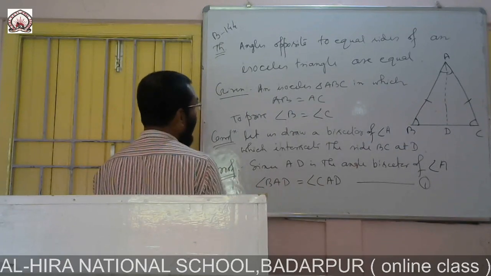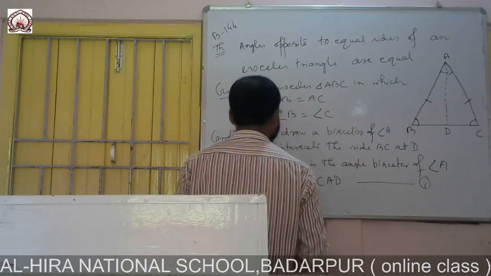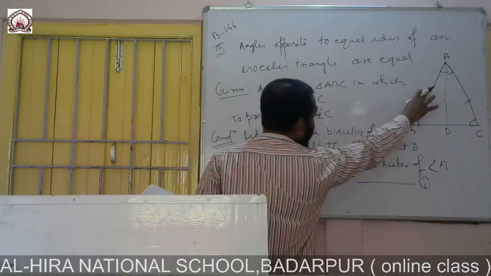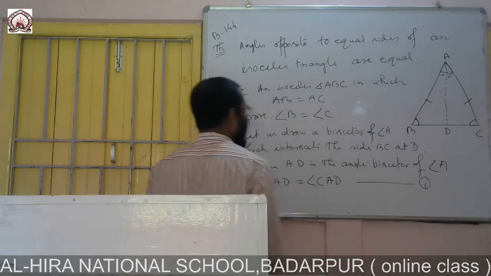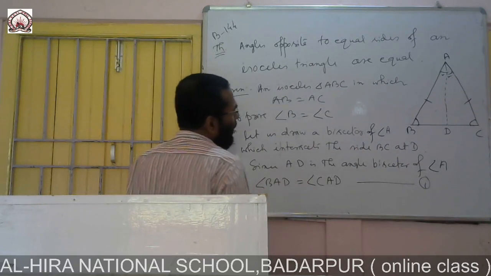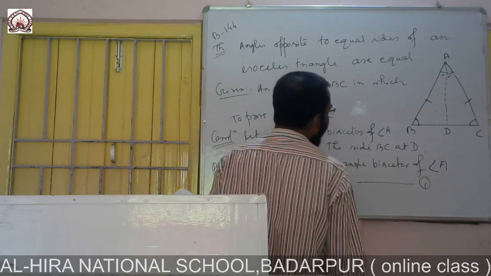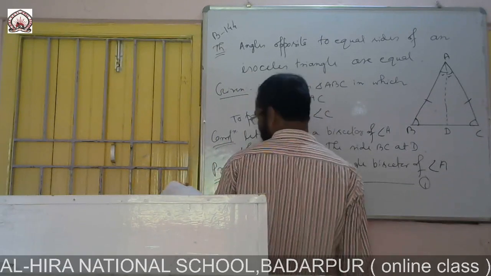Now this one is a bisector, so these two angles are the same. So we are getting angle BAD is equal to angle DAC.